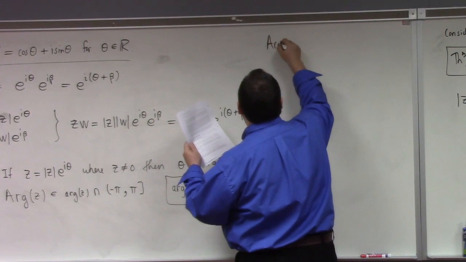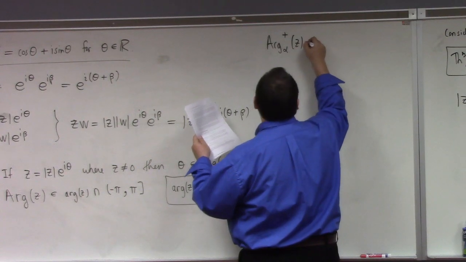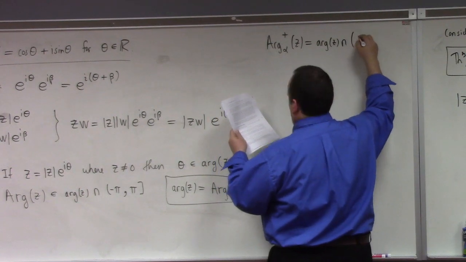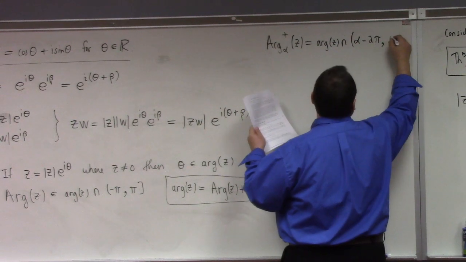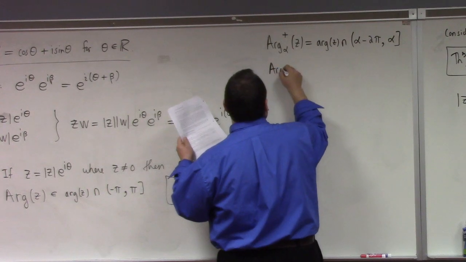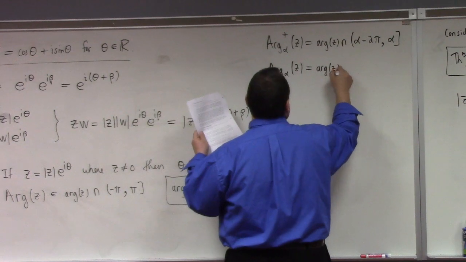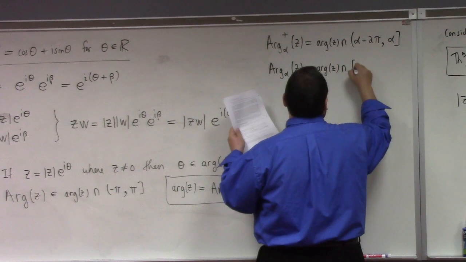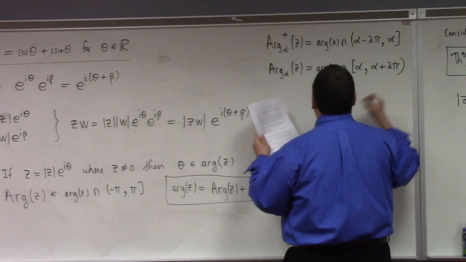Arg alpha plus of z would be equal to little arg of z intersect with alpha minus 2 pi, comma, alpha included. And then arg little alpha of z would be equal to arg of z intersected with alpha included to alpha plus 2 pi not included.